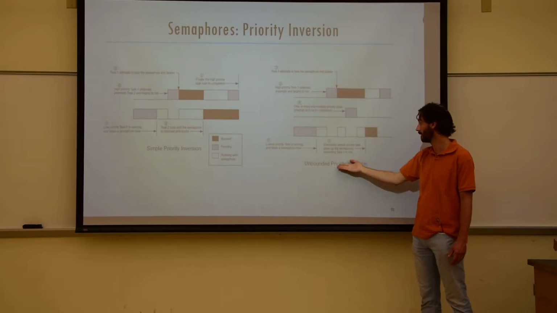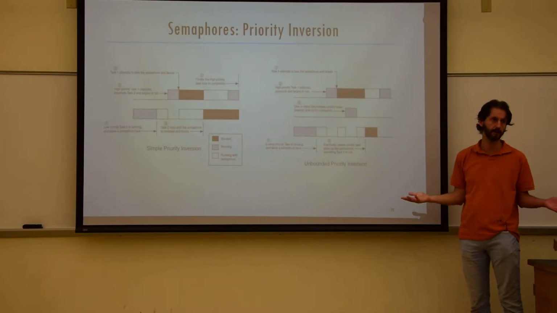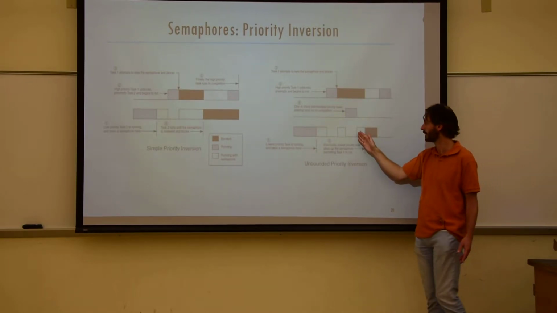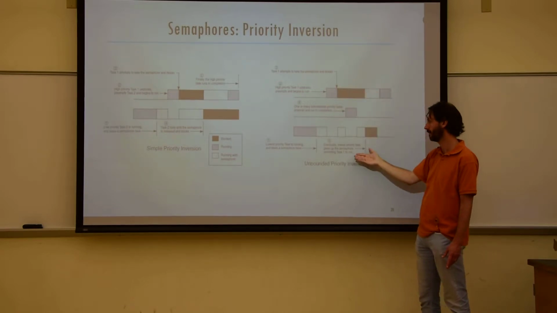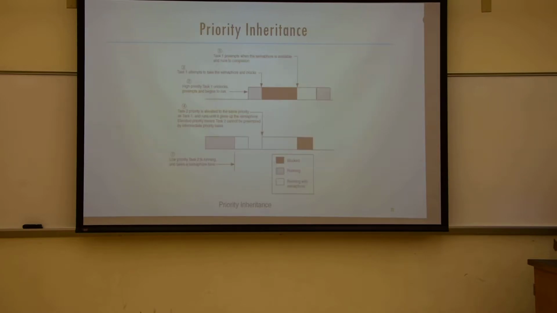So that is what we call unbounded priority inversion. There's no bound on this. It could keep on going like that. So the high priority task effectively has gotten the priority of the lowest priority task. Therefore we call it priority inversion.